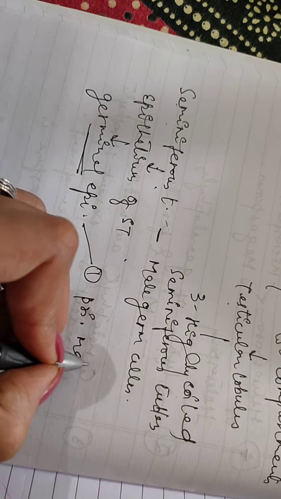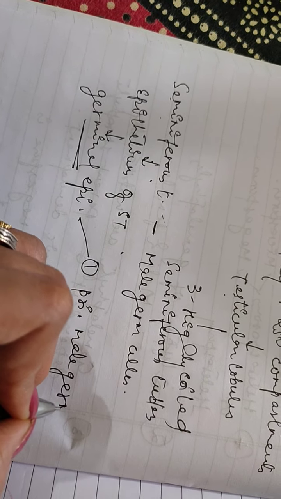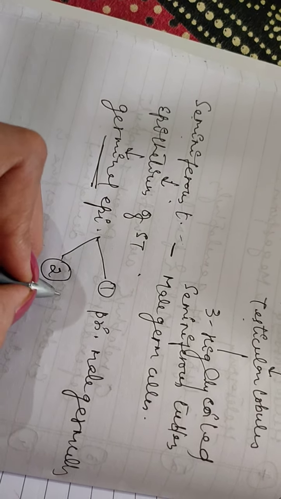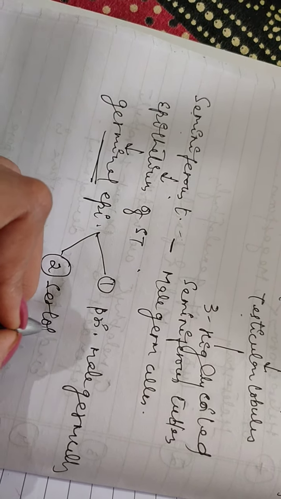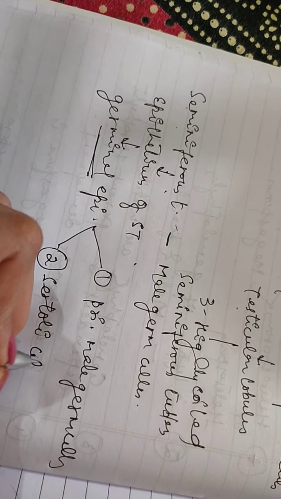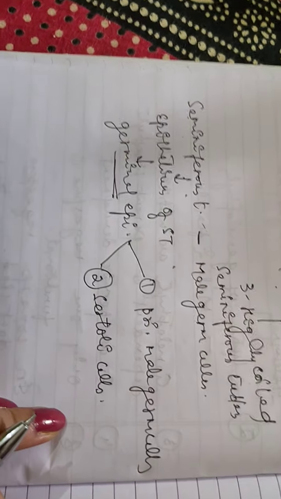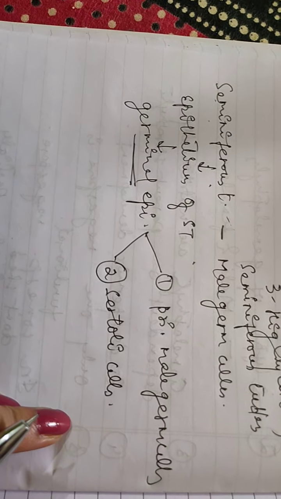First, primary male germ cells, and the second is known as Sertoli cells. So, primary male germ cells and Sertoli cells.